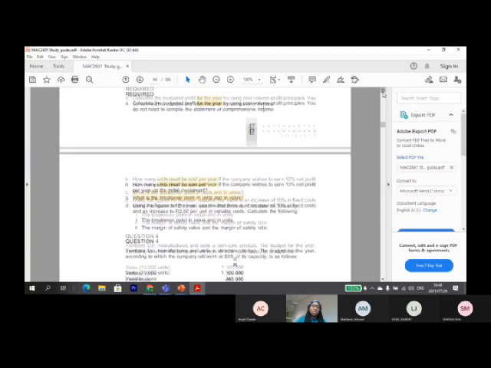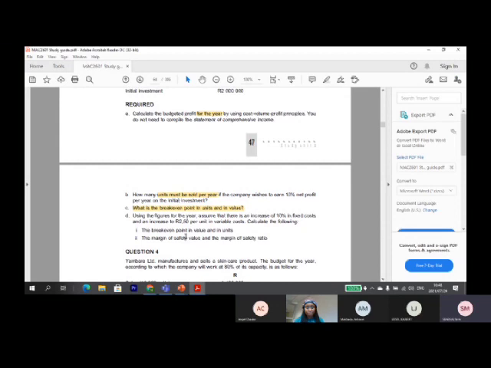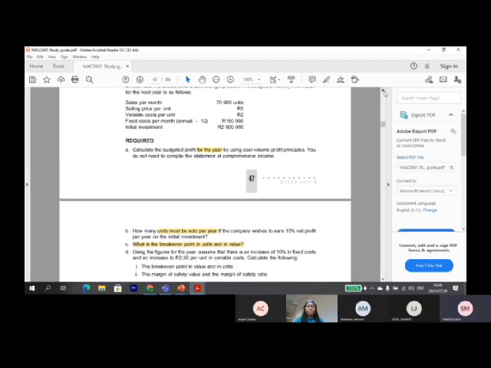And then B. Okay. The initial investment is 2 million, but you want to make 10% of that. So it's times 10%, which gives you 200,000. Then from there, you take your fixed cost plus your target profit, divide by your contribution per unit. But the question is asking for the year, not per month. Yeah.